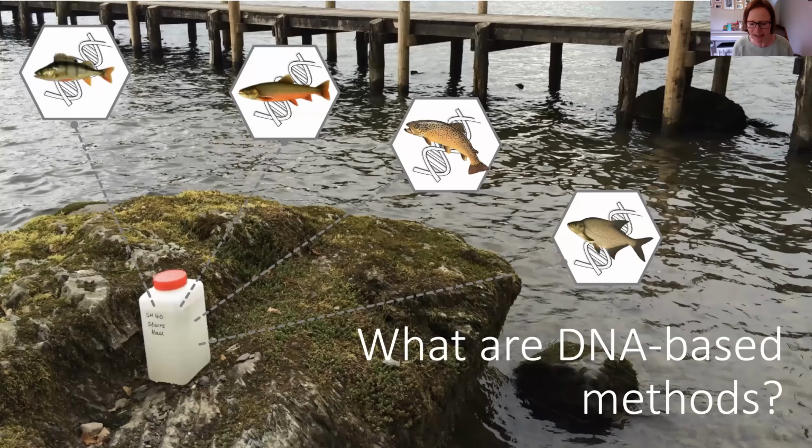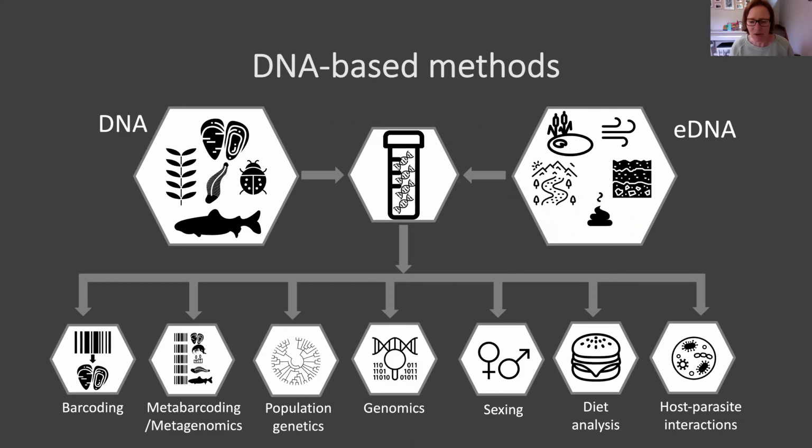So what do we mean by DNA-based methods? First of all, to make the distinction that we can sample DNA directly by collecting organisms, and the Harlequin Ladybird project has been a great example of this, where people have collected the organisms themselves and sent them into the survey, and then they've been passed on to researchers to analyse their DNA.